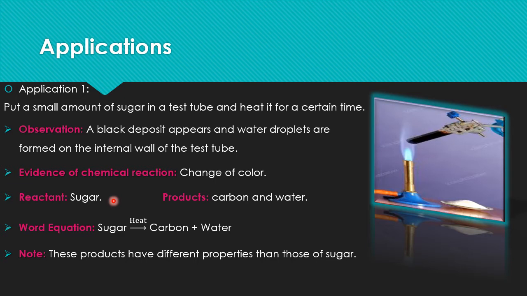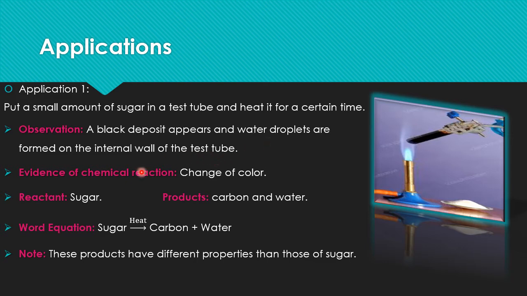Let's solve the following application. In a test tube, put a small amount of sugar and heat it on the Bunsen burner for a certain period of time. During the heating process, you will observe the formation of a black deposit as represented in the given figure, in addition to the formation of water droplets on the internal walls of the test tube.